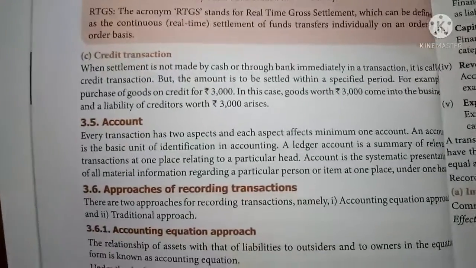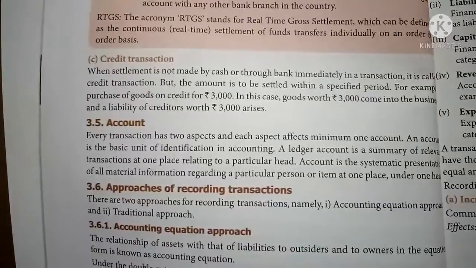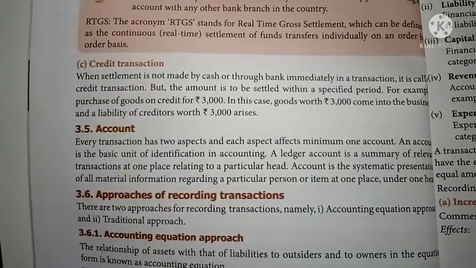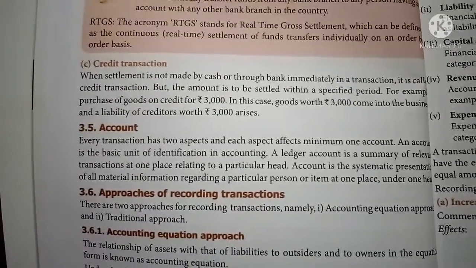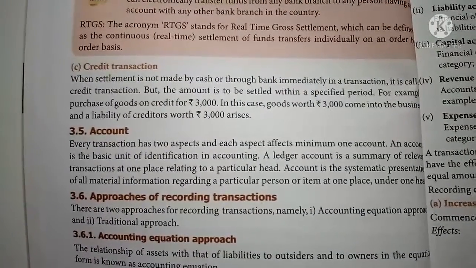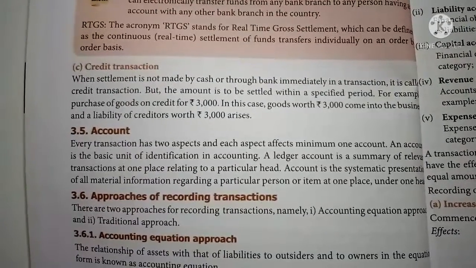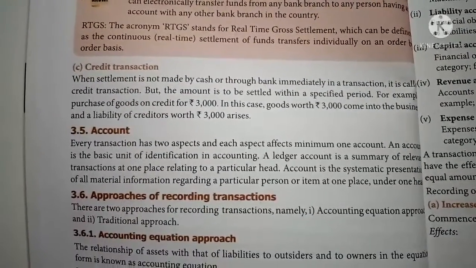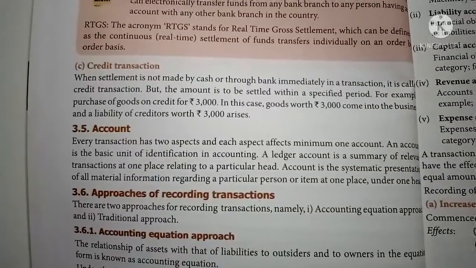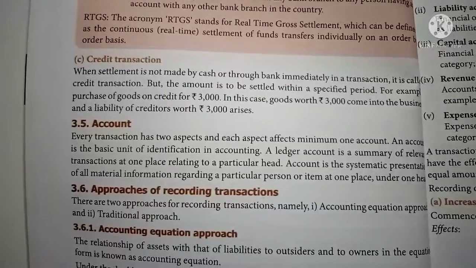Account point of view. Every transaction has two aspects and each aspect affects a minimum of one account, so two aspects mean at least two accounts will be affected. An account is the basic unit of identification in accounting.